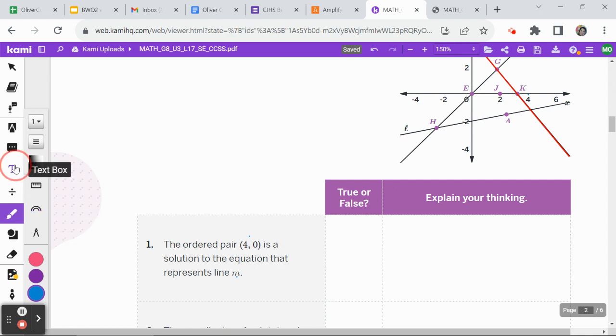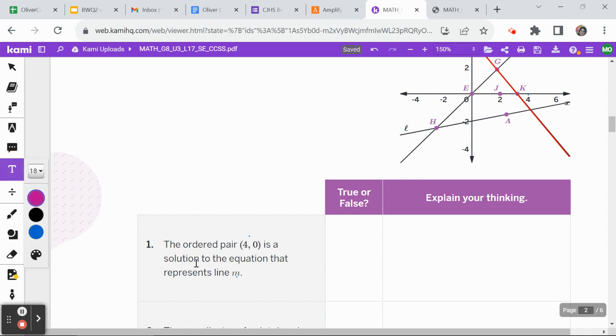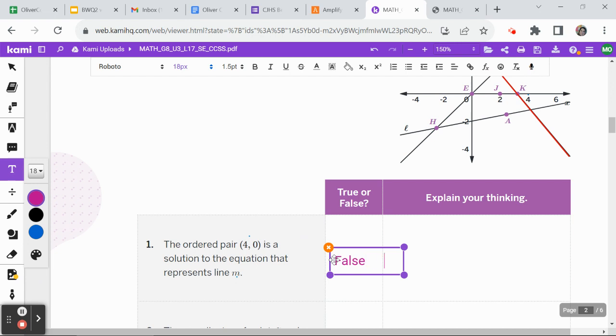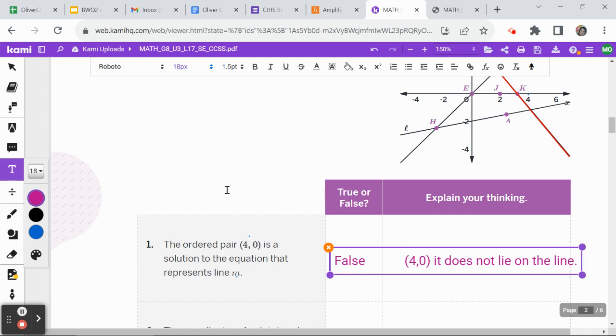No. So this is a false statement. Okay, so we'd say false. And then explain your thinking. Well, we looked and saw that it does not lie on the line. Okay. Some of these are easy enough that you can just say, oh yeah, I can easily tell that it doesn't work.